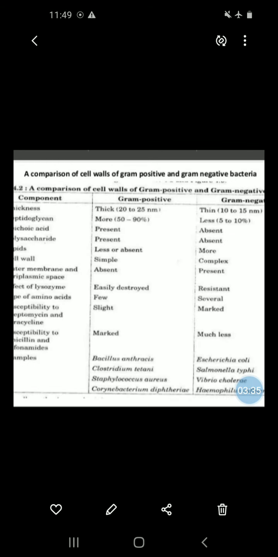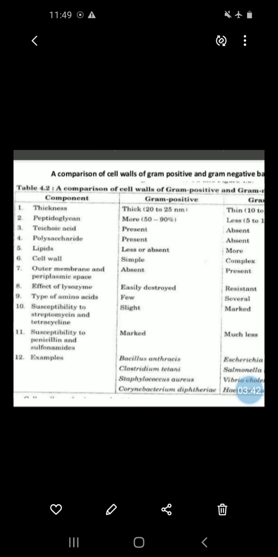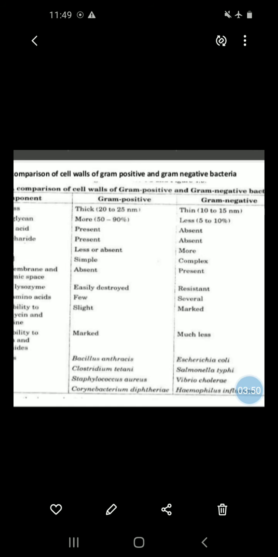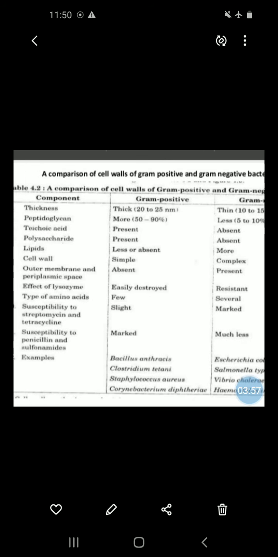Next, we will see the difference between the cell wall of gram-positive and gram-negative bacteria. First, thickness: in gram-positive it is 20 to 25 nanometer, and in gram-negative it is 10 to 15 nanometer.